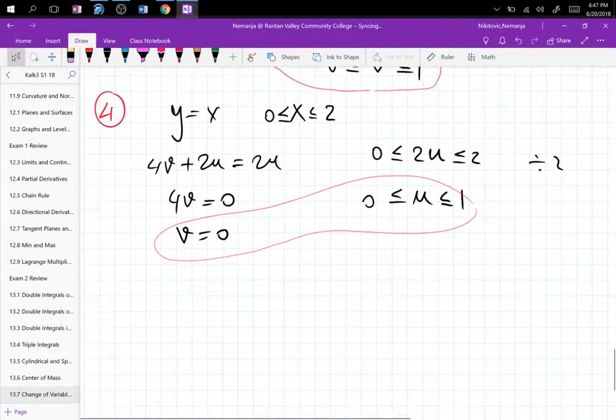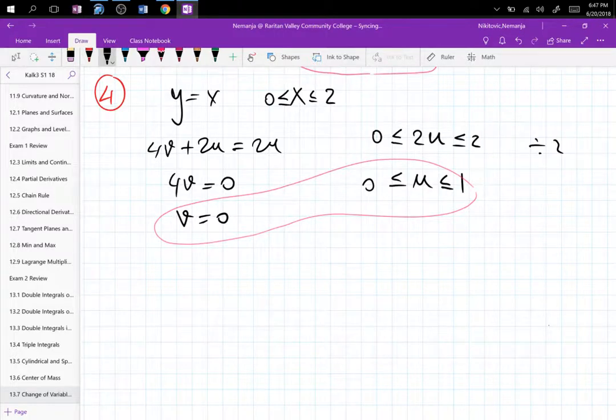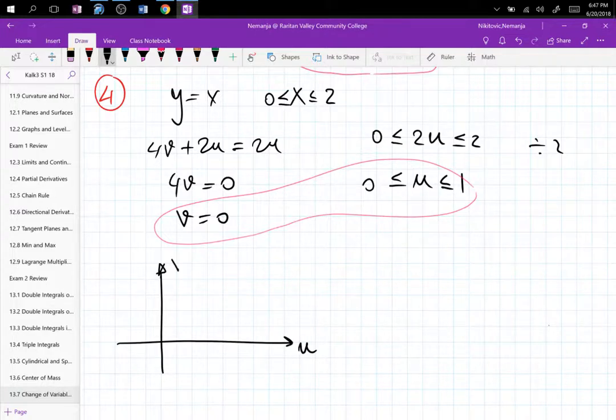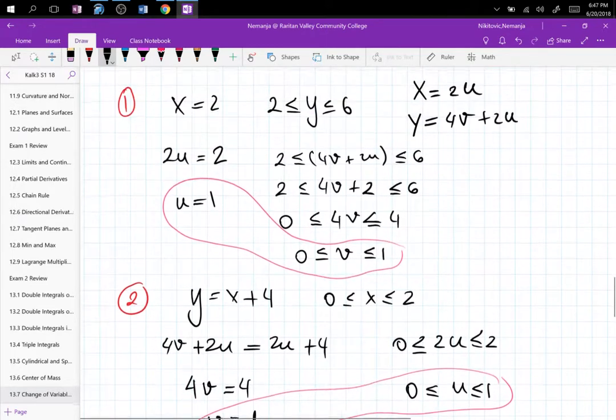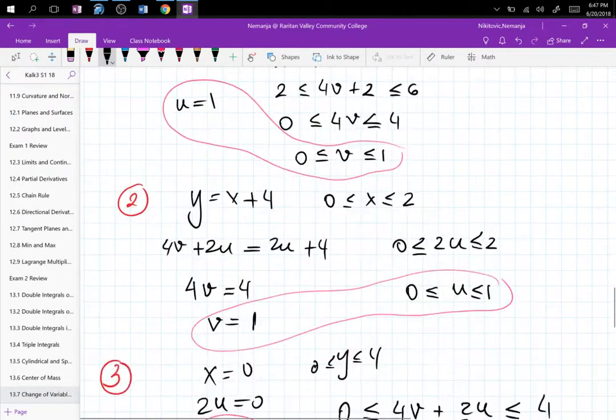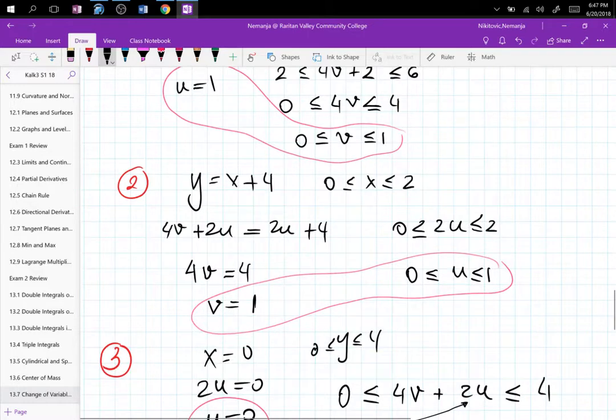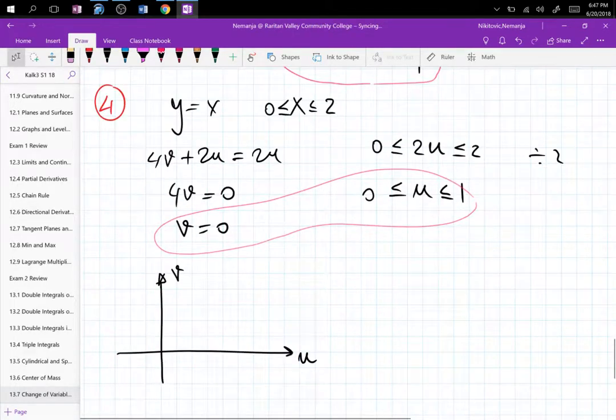All right, time to draw our new region. Let's be efficient, try to draw this before it dies. U equals 1 is a vertical line between 0 and 1. There. Whoa.